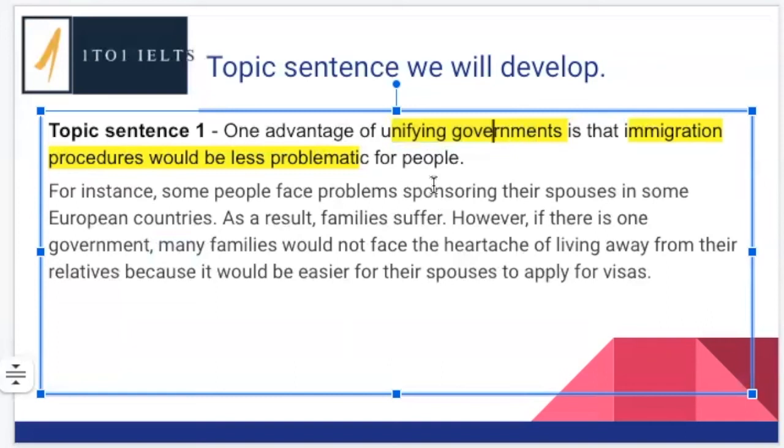So yeah, sponsoring spouses in European countries, so that's definitely an immigration issue. Have we mentioned that it's going to be less problematic? Yes, because it's easier for their spouses to apply for visas. So we've covered all the important parts of our topic sentence, and now it's a lot more specific and directly addressing it. And we're talking about a very specific example, so much better. So well done, Nabila.